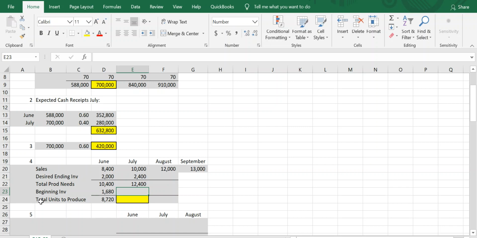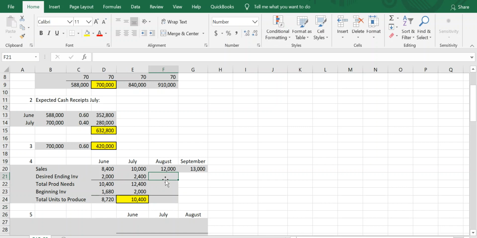Beginning inventory here would be the ending inventory from last month. So we have 2,000 units. We're going to subtract that 2,000 from the 12,400.